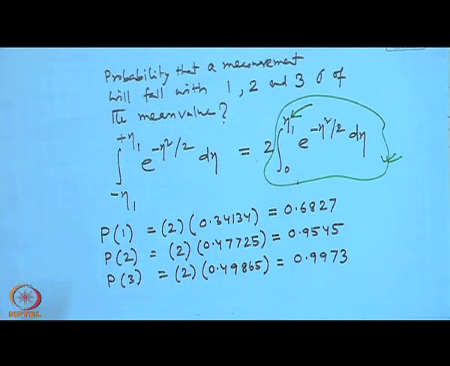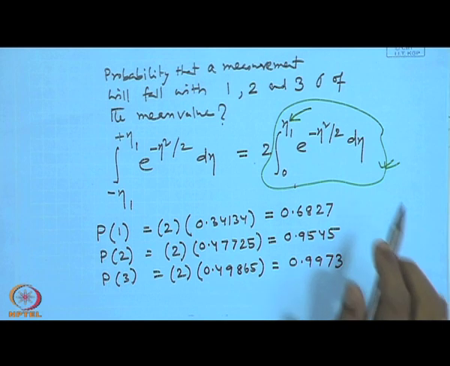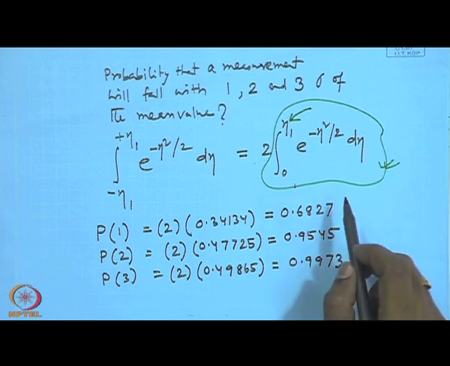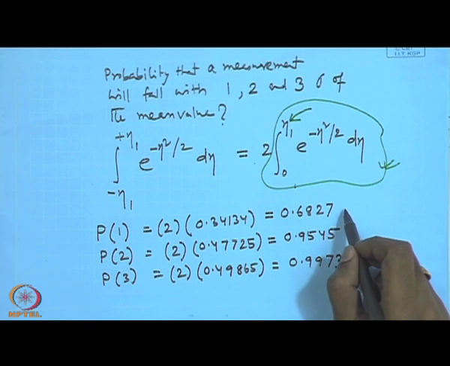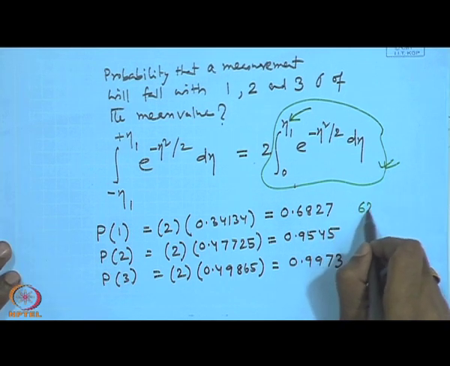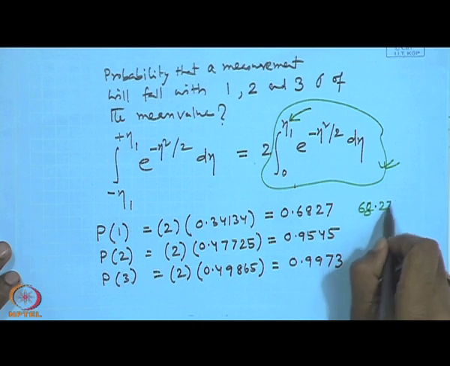So, what we conclude is that the probability that a measurement will fall within plus minus sigma of the mean value is 68.27%.